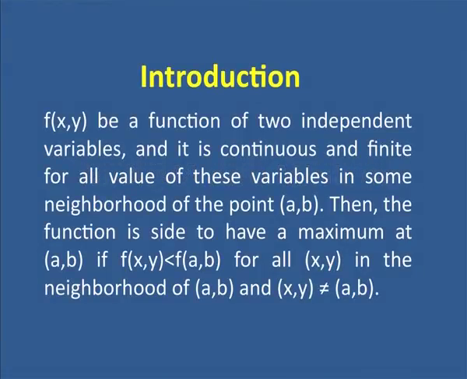Here, if a function f(x, y) is a function of two independent variables and it is continuous and finite for values of these variables in some neighborhood of the point (a, b), then the function is said to have a maximum at (a, b) if f(x, y) is less than f(a, b) for all (x, y) in the neighborhood of (a, b) and (x, y) is not equal to (a, b).